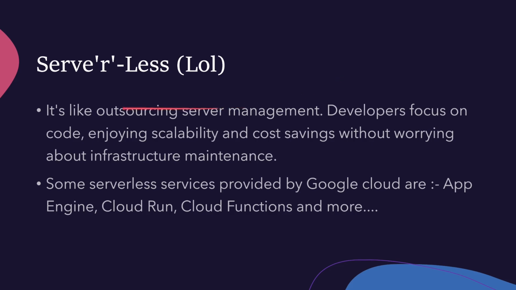Cloud Run will basically let you run containerized applications. Cloud Function is somewhat similar to, I believe, AWS Lambda. If you don't know that, Cloud Function will get triggered by a specific event, right?